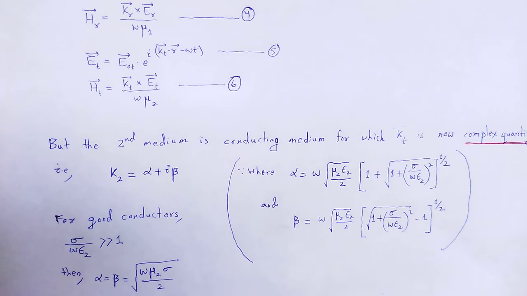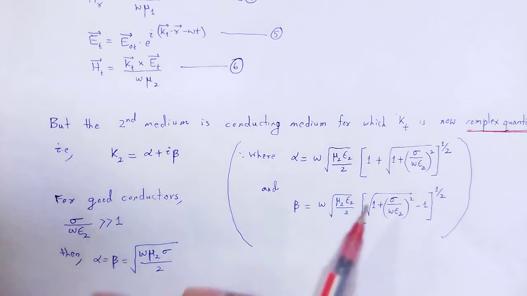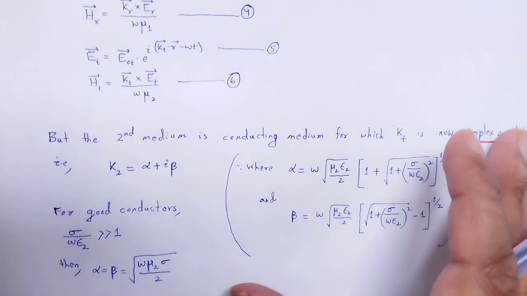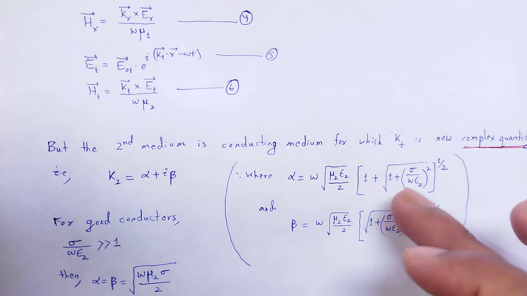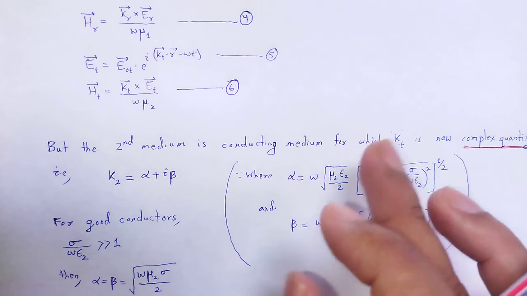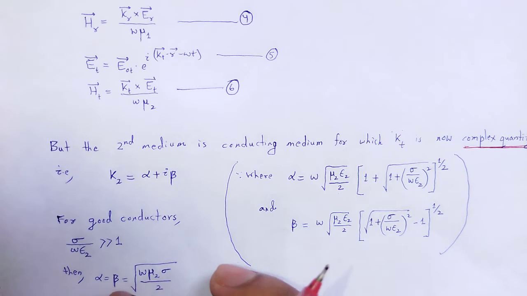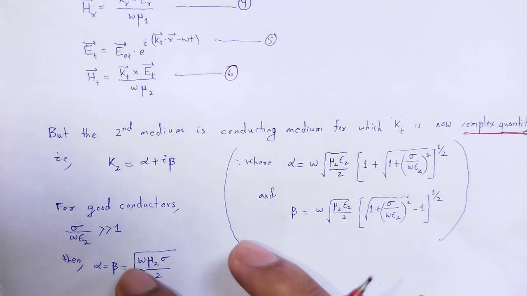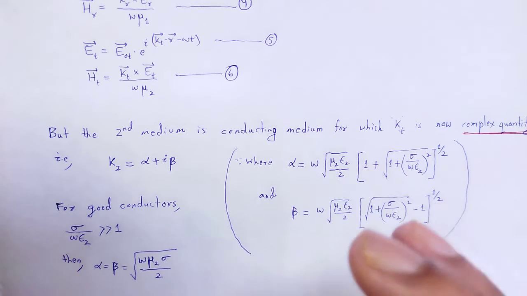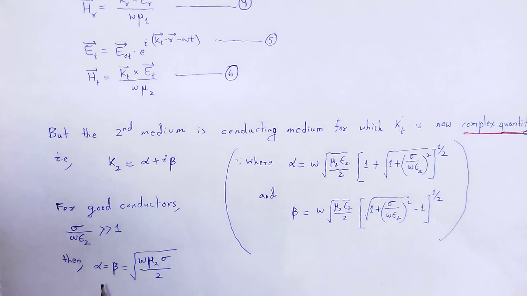For a good conductor, sigma divided by omega epsilon 2 is very much greater than 1. Therefore, in that expression we can neglect 1, that is why we achieve alpha equal to beta, which is equal to omega mu 2 sigma divided by 2 under root. This is the condition for a good conductor, alpha is equal to beta.